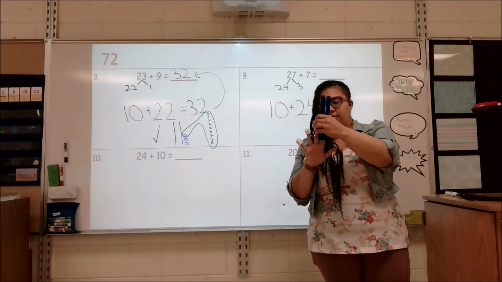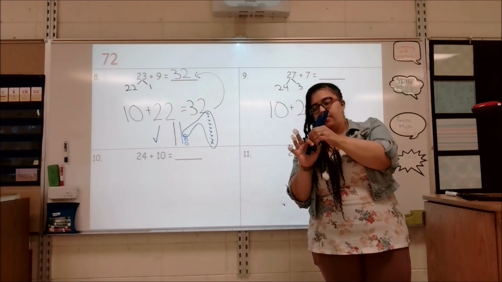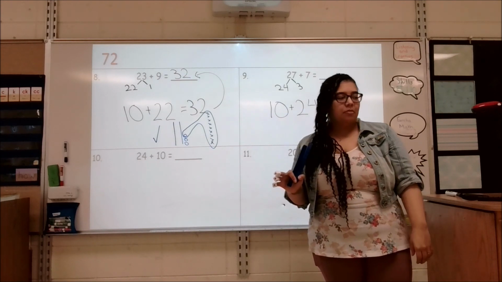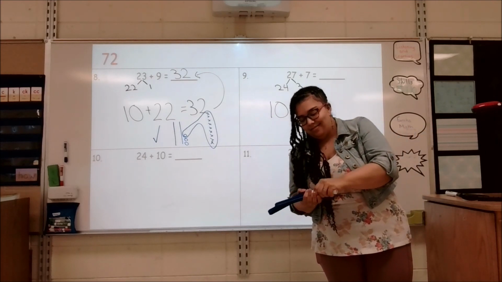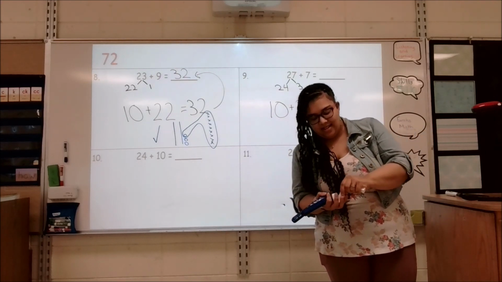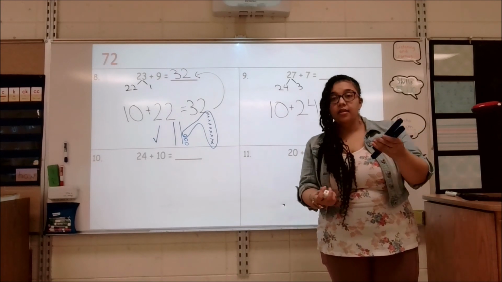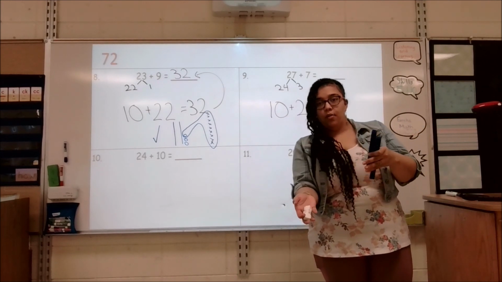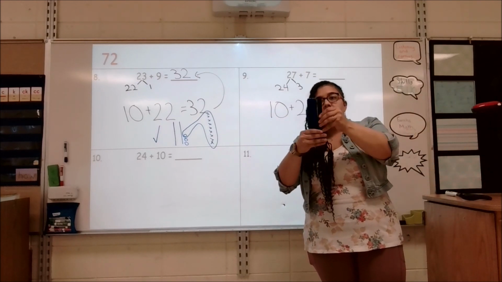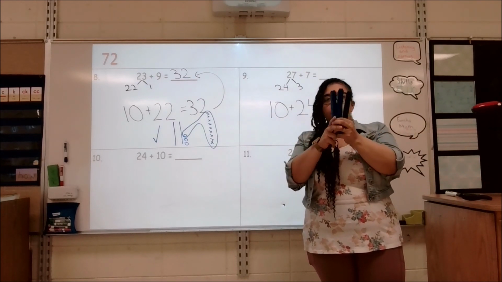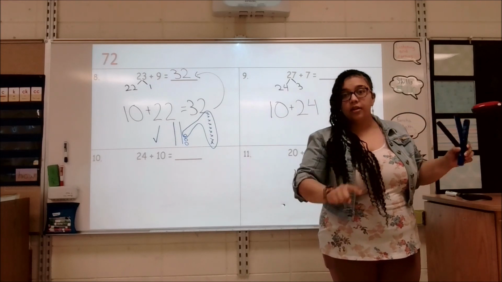Stay where you're at. Let me figure out a better way to do this. I'm struggling right now. Do you believe I'm trying to be 24? Hold on. There. So 2 10s, 4 1s, 1, 2, 3, 4. 4 1s. Another group of 10, 10, 20, 30, 31, 32, 33, 34.